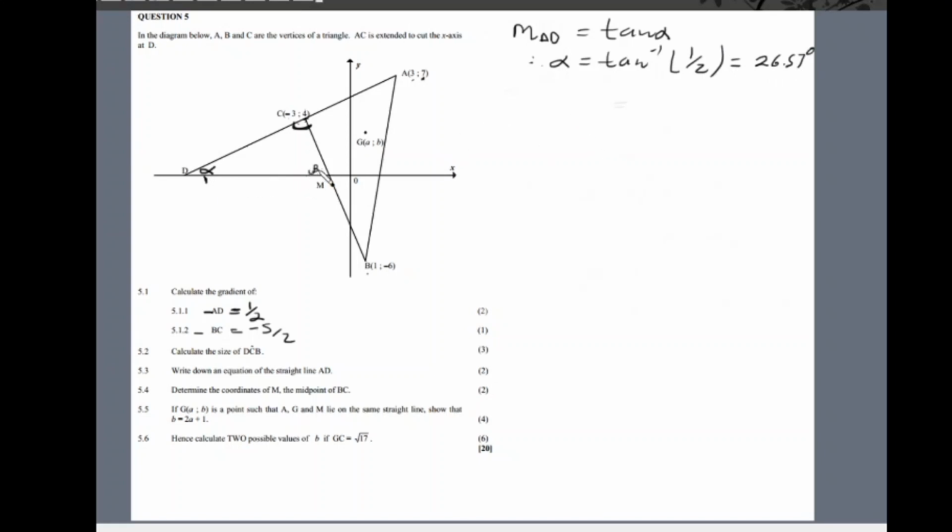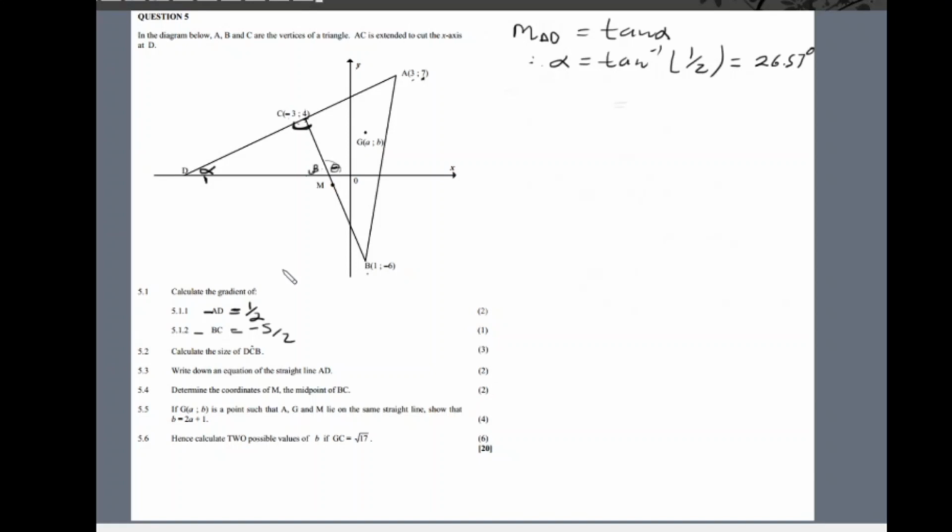Now we're also going to use the gradient of the line BC to calculate the angle beta. Because the angle of inclination is measured from the positive x-axis to that line, I'll name this angle theta.